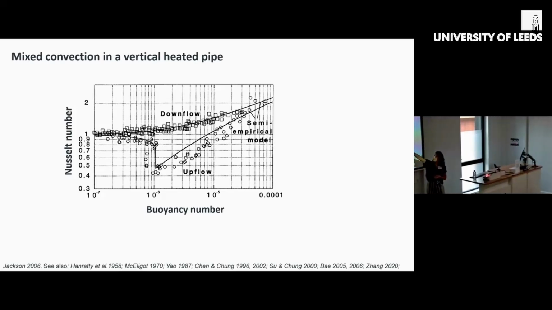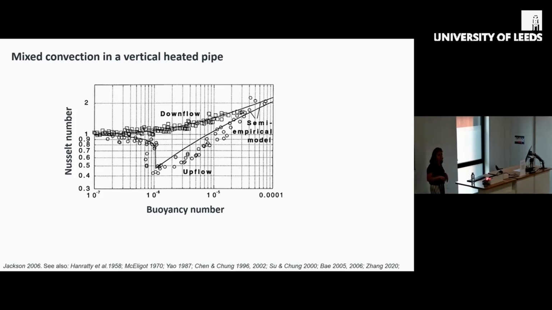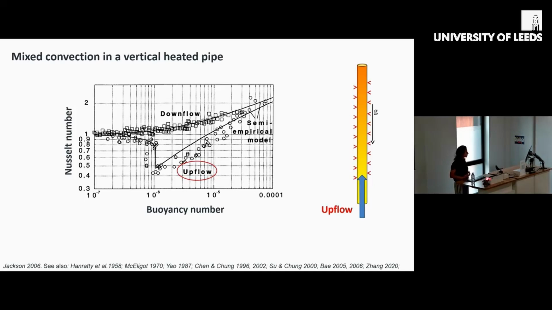So the downflow case, in this case actually buoyancy opposes the flow, and you get an increase or enhancement of heat transfer. But what we're interested in here is the upflow case. So in this case, buoyancy can assist the flow, but you get deterioration of heat transfer.